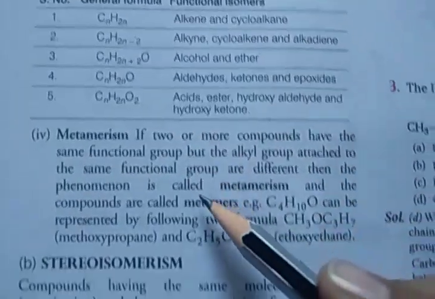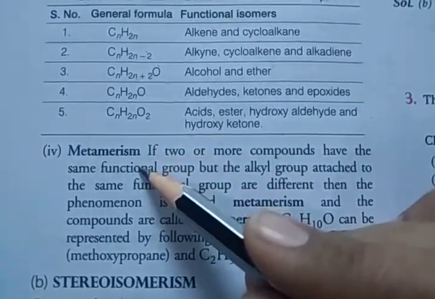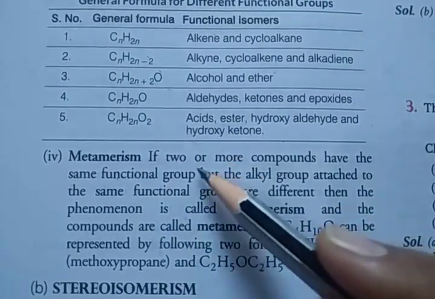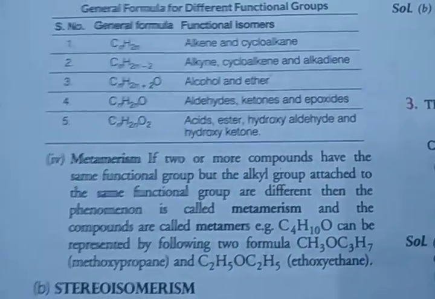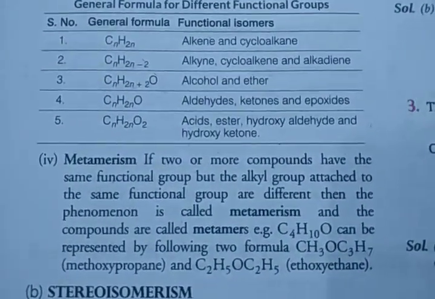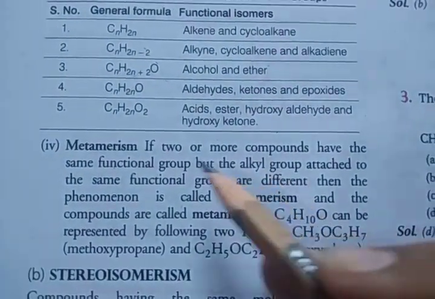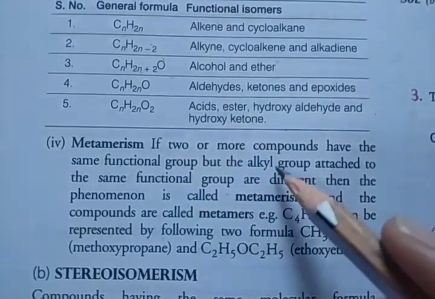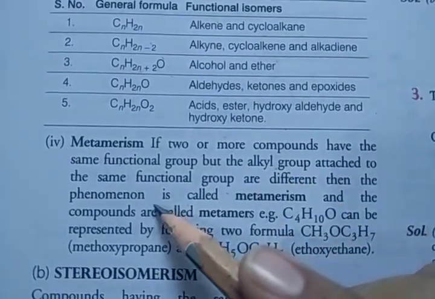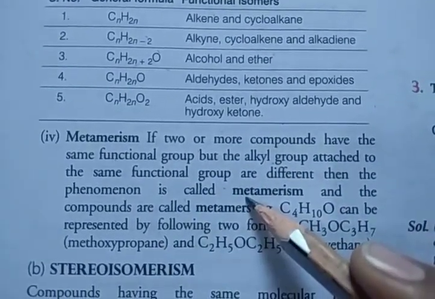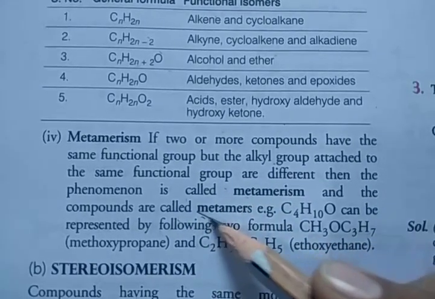Then the fourth type of structural isomerism is metamerism. If two or more compounds have the same functional group but the alkyl groups attached to the functional group are different, it is known as metamerism, and the compounds are called metamers.